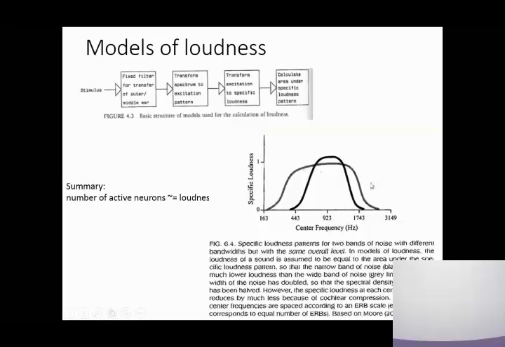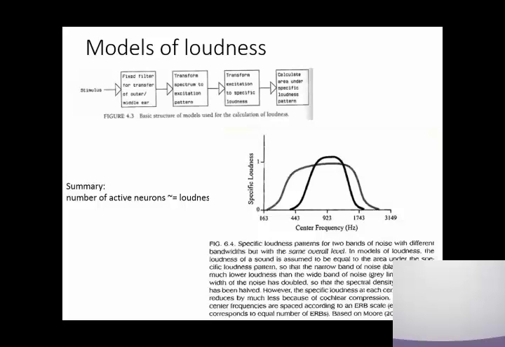So these are, for example, two bands of noise which have different bandwidth, but they have the same overall level, so the physical level is the same. They say they have 65 decibel, but do they sound the same loudness? Go back to the experiment where we increased the width of the band.